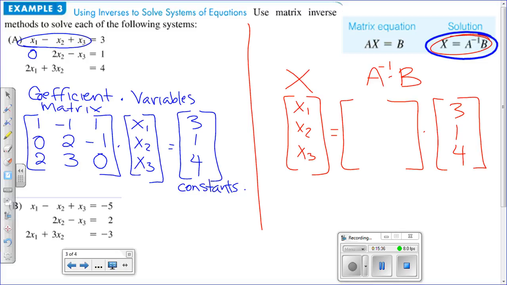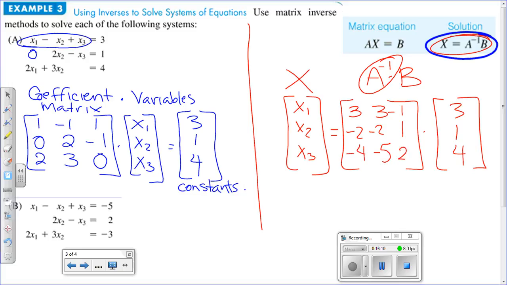And so the inverse for this matrix is actually going to be 3, 3, negative 1, negative 2, negative 2, 1, negative 4, negative 5, and 2.